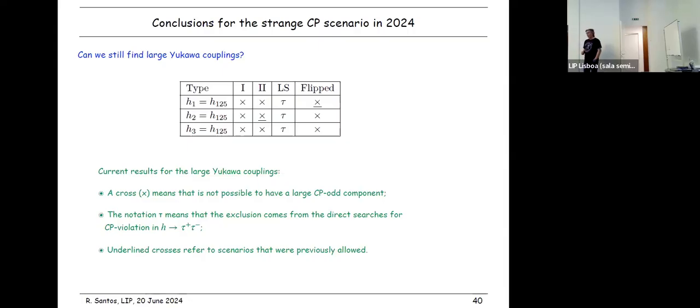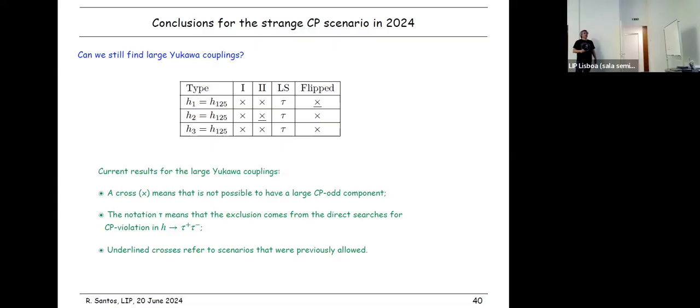Okay, so finally, what do we have here? We have the following possibility. We decided to see, okay, what if we choose H1 to be the Standard Model Higgs, and then H2, and then H3.